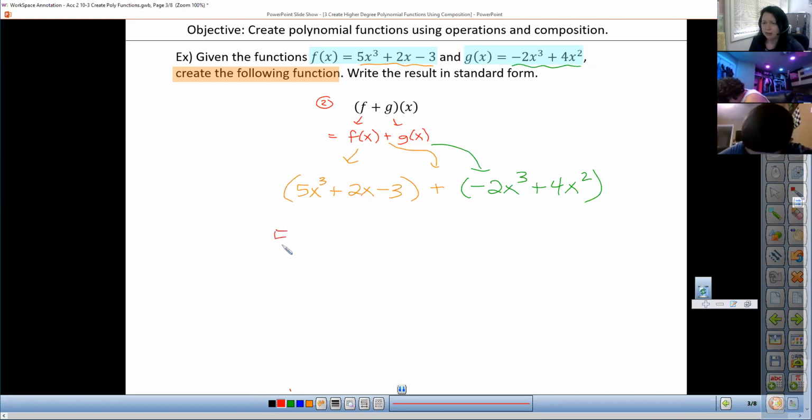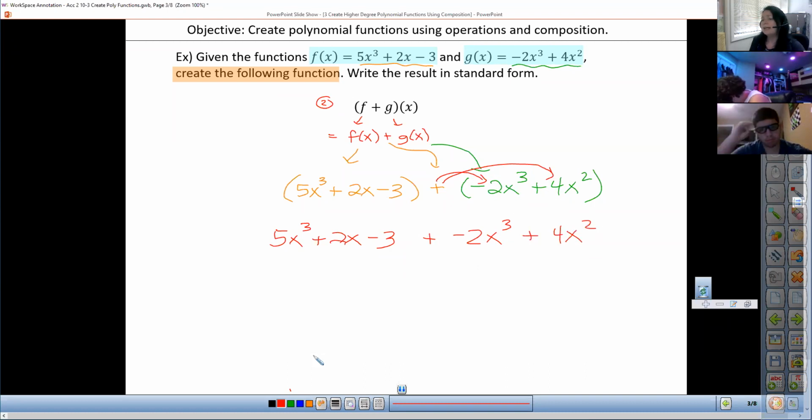So this will stay 5x cubed plus 2x minus 3. To remove the second set of parentheses, I apply the operation of addition. So I am adding a negative 2x cubed, which if you want, you can just write as minus 2x cubed. And I am adding a positive 4x squared. So that just becomes plus 4x squared.